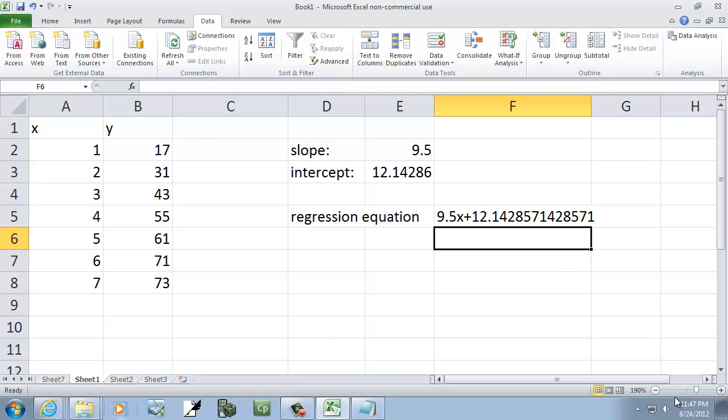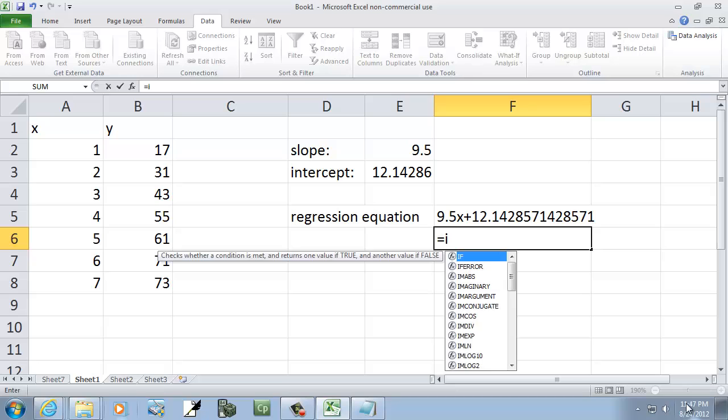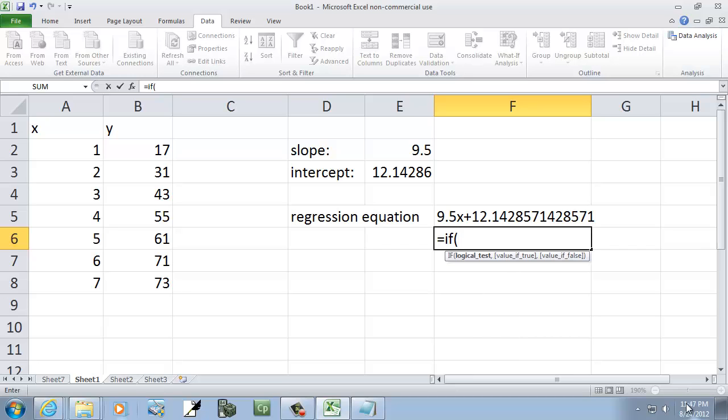Now, if I wanted to be clever about this, and this gets trickier, I say equals IF, and then I say E3 is less than 0. So I'm saying if the intercept is less than 0, then I'm going to form E2 and an x, and now here I don't need to put a sign on there because it's negative.